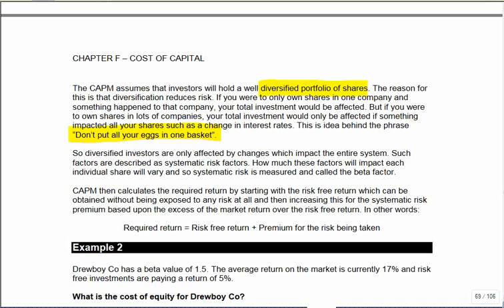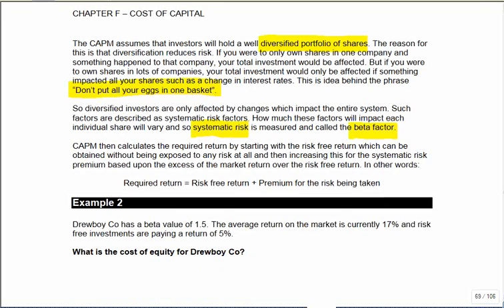However, if the economy in which those two companies were operating was to go into recession, they would both suffer, and diversifying won't save me from that problem. So this is described as a systematic risk because it's a risk that's in the entire system. And the beta factor that we're using in our CAPM formula measures the systematic risk.